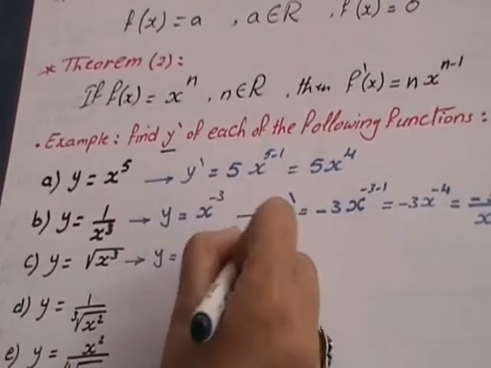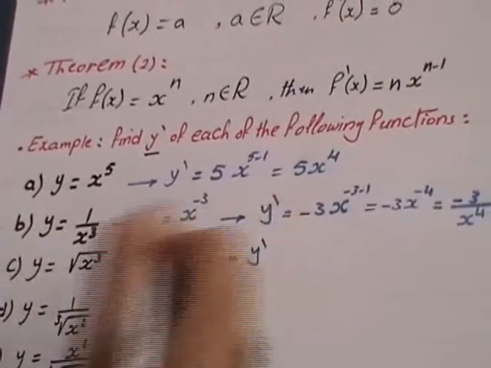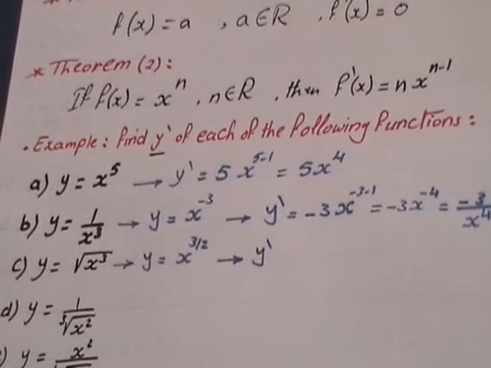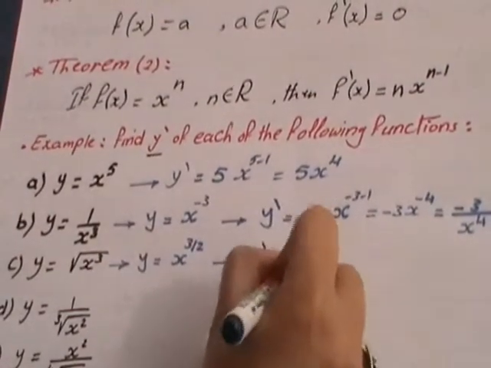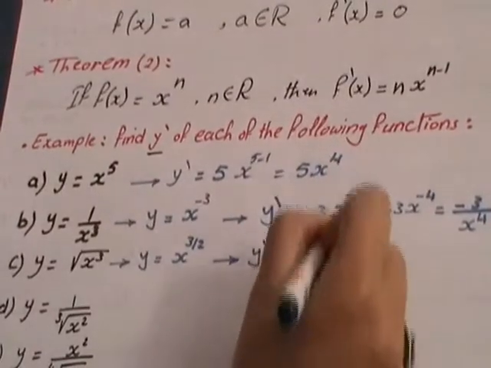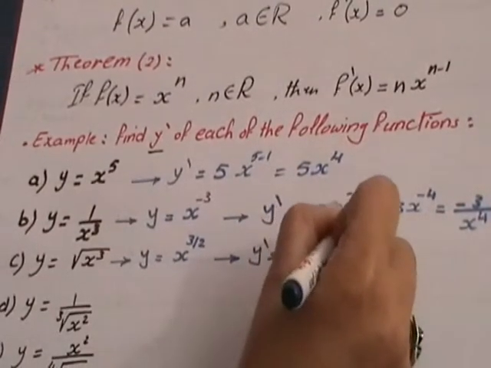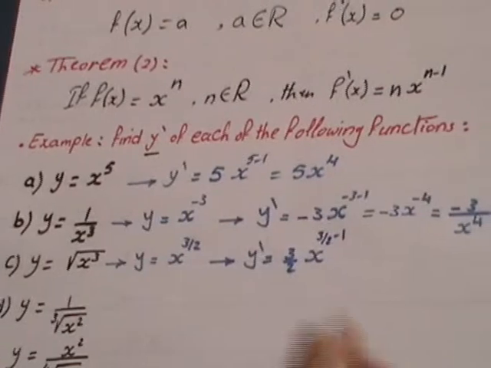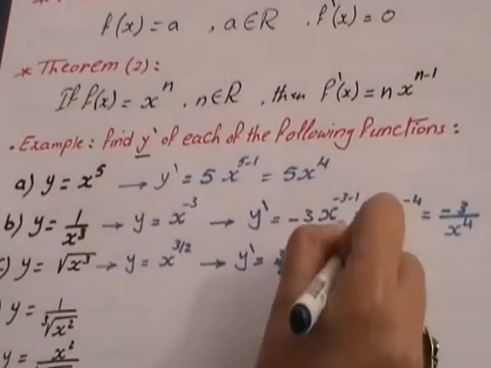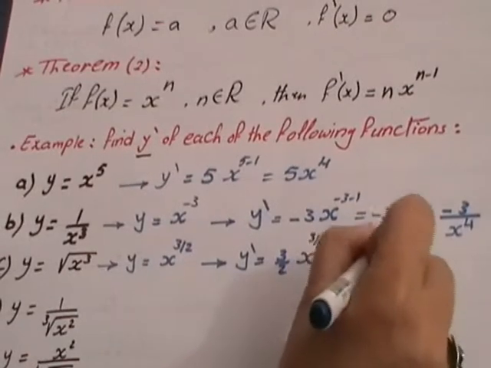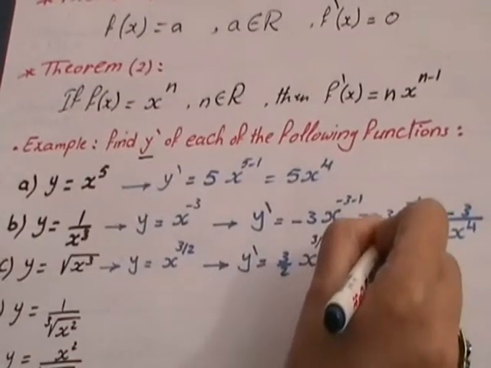Then we find the first derivative of the function like this. Y dash will be equal to 3 over 2 and x power 3 over 2 minus 1. Then the final result will be 3 over 2 x power half.